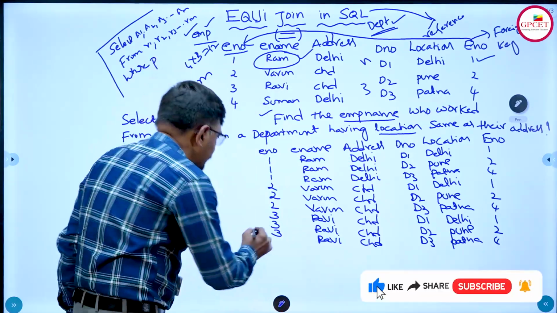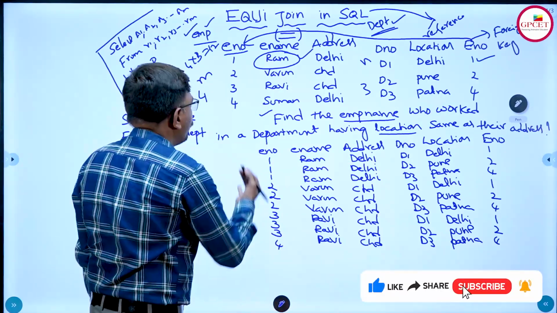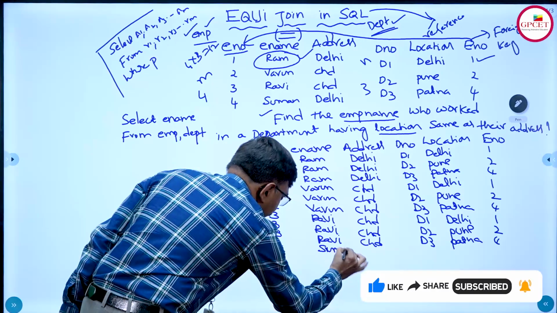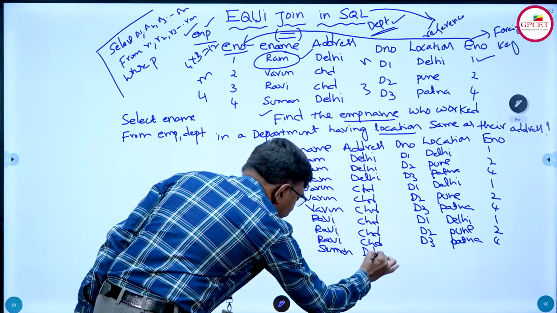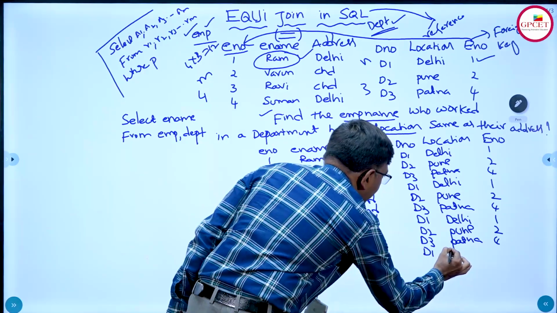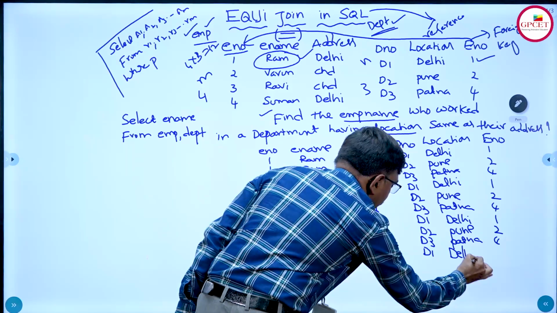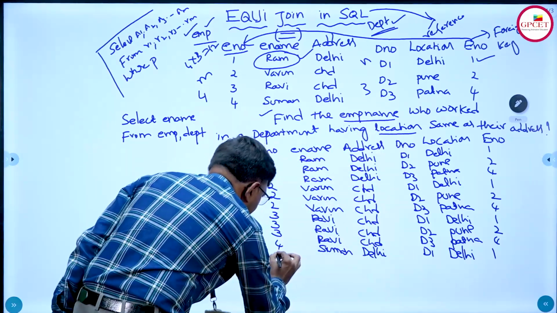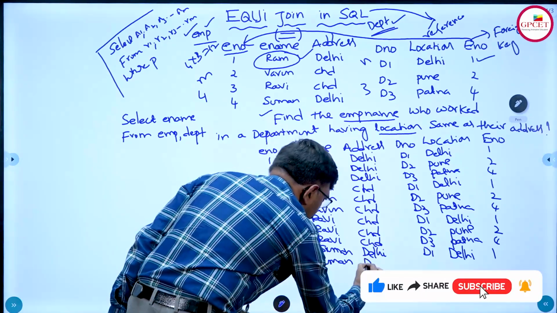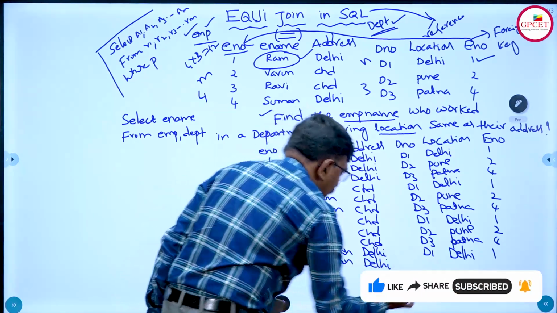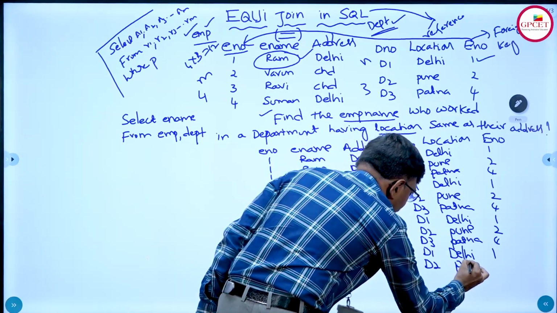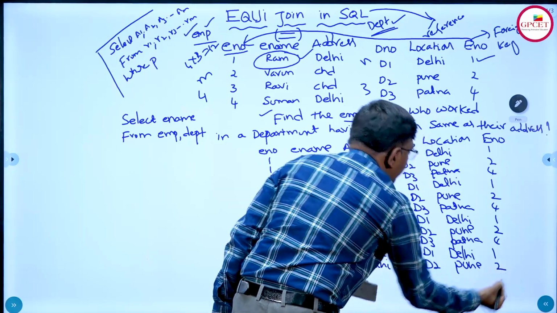Like that, the last one, the fourth one, 4 Suman Delhi. 4, employee name Suman, address Delhi, multiplied by D1 Delhi 1. Again 4 Suman Delhi, department D2 Pune, and employee number 2.